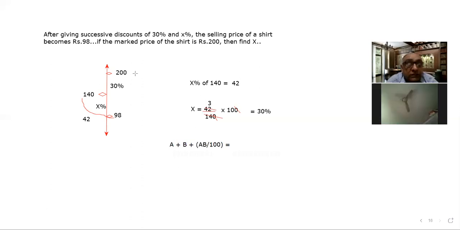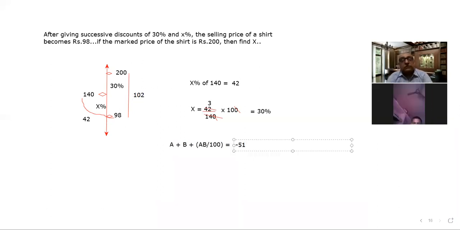The value has decreased from 200 to 98, so the decrease is 102, which means the total discount is 51%. So the value becomes minus 51. Now the value of A is 30, so you will find B here.